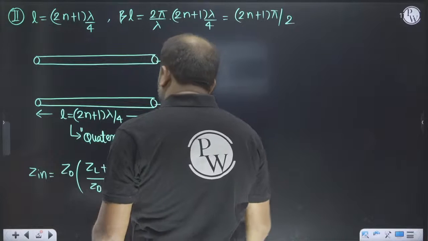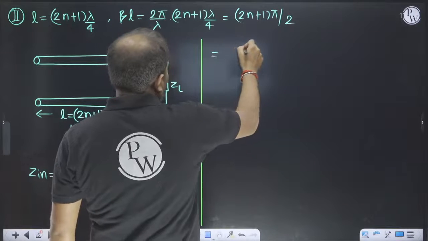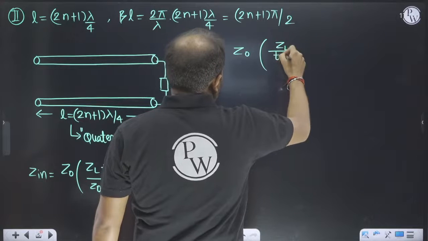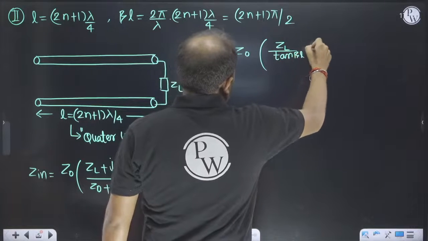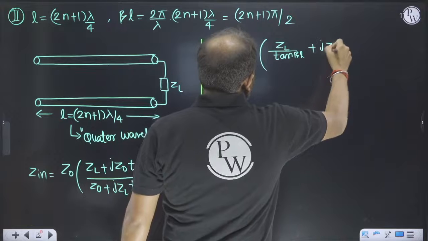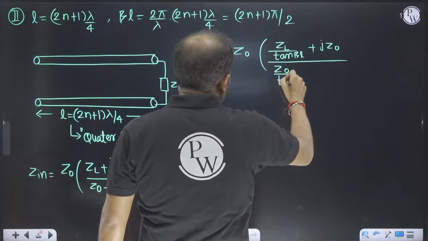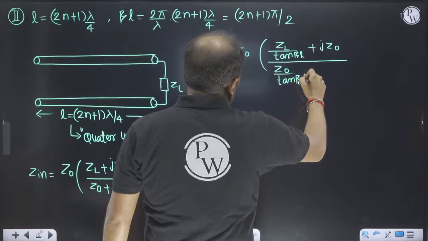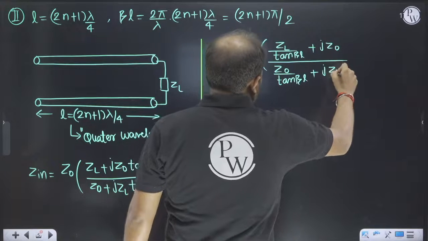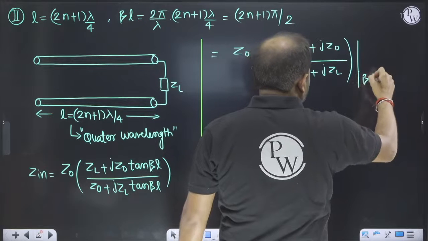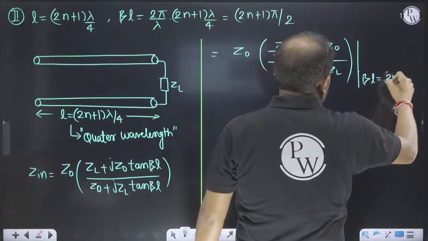How will we take the limit? I will divide by tan beta L. So the numerator is ZL by tan beta L plus jZ0, and the denominator is Z0 by tan beta L plus jZL. Now I put beta L equal to an odd multiple of pi by 2.